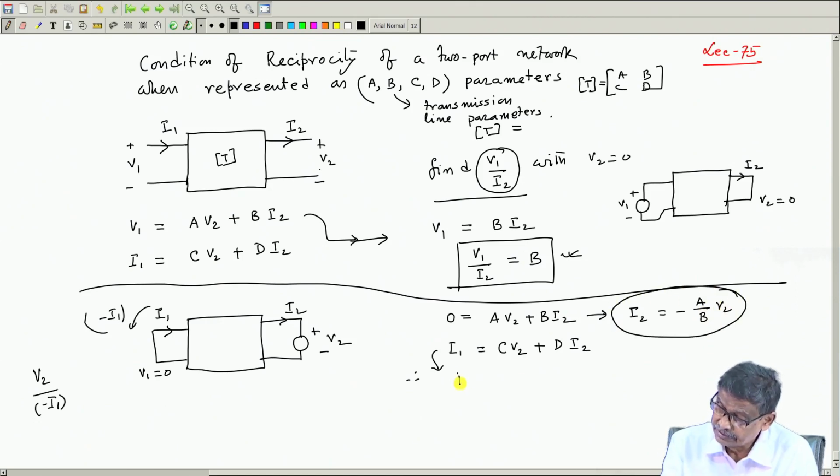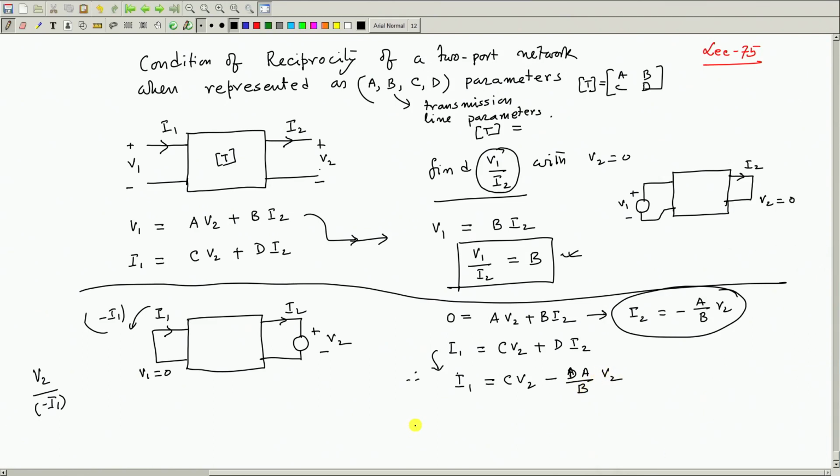So, in this equation I1 is equal to C V2 was there plus D into I2, and for I2 I will put minus A by B into V2, is it not?